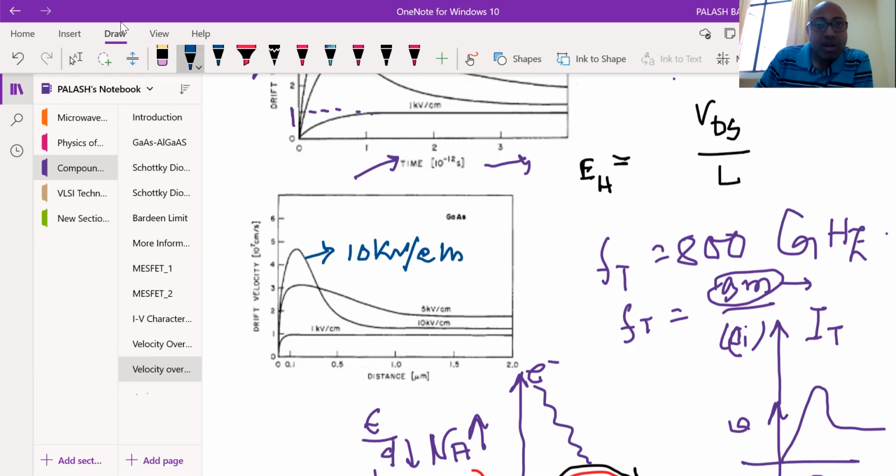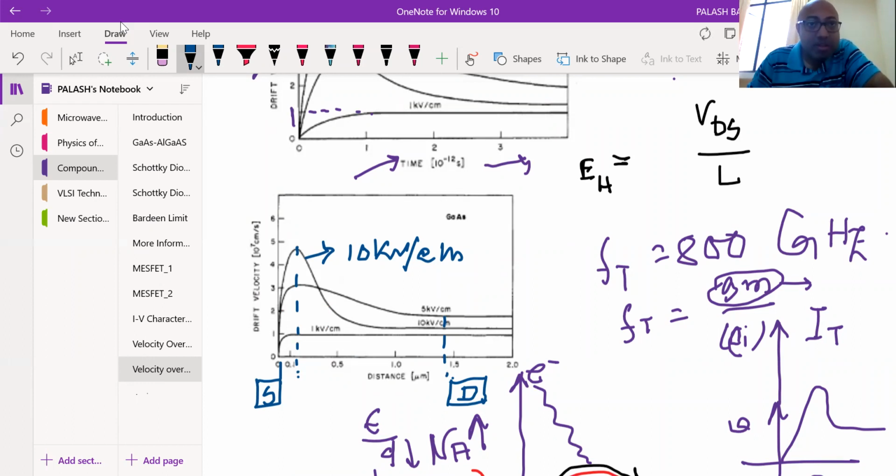Suppose you have the source over here and the drain over here, which means you are receiving the electron across this distance. The problem is that you might have achieved 10 kilovolt per centimeter and huge velocity at this point, but I should be getting the effect when I capture this electron at the drain, when it reaches the drain.